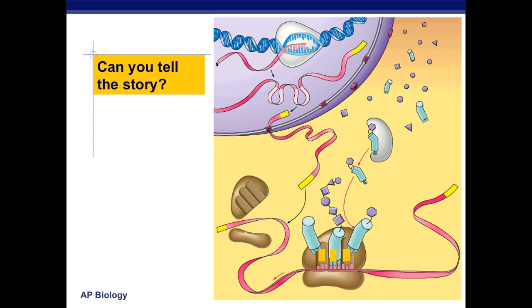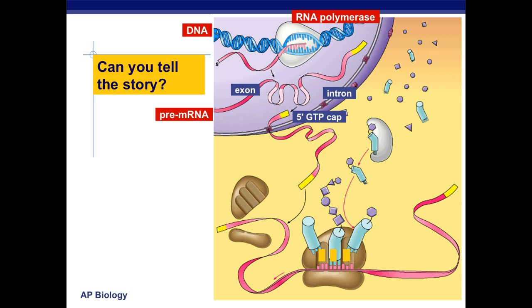So can you tell this story from the DNA all the way to your amino acid polypeptide chain? So you start with the DNA. The RNA polymerase transcribes the mRNA, the pre-mRNA. The exons will be the information that is kept, whereas the introns are removed.